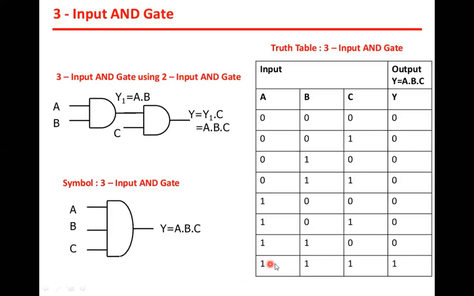Unless all the inputs are high, the output is not high in the case of AND gate. Any one of the inputs, if it is 0, then the output definitely will be 0. So if you understand from the truth table, all outputs are 0, and the output is high only when all the inputs are high.